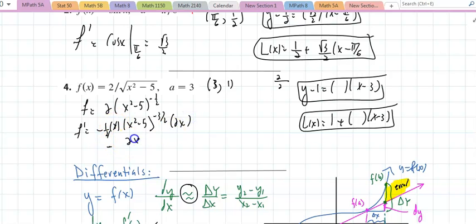Isn't that negative 2x over the square root of x squared minus 5 cubed evaluated at 3? That is negative 6 over, with a 3 in there, 9 minus 5, that's 4, square root of 4 is 2, cubed, that's 8. That is negative 3/4.